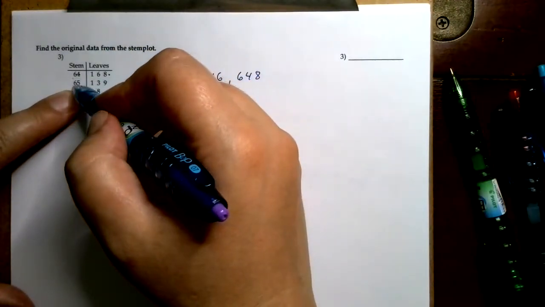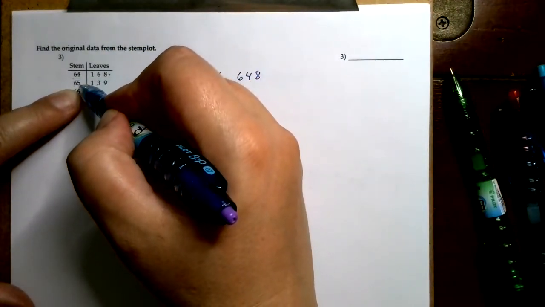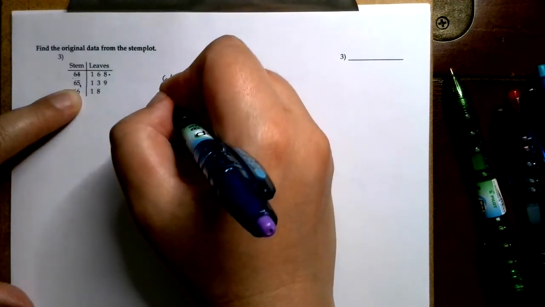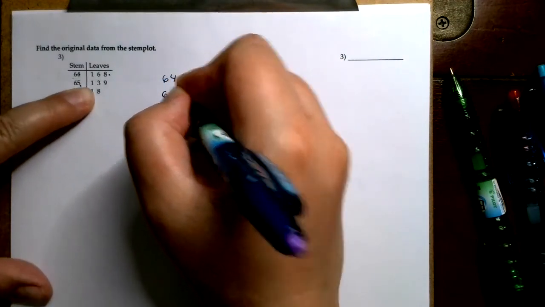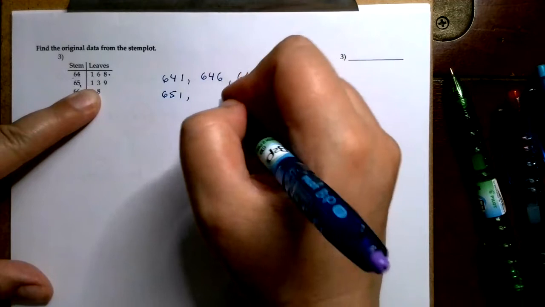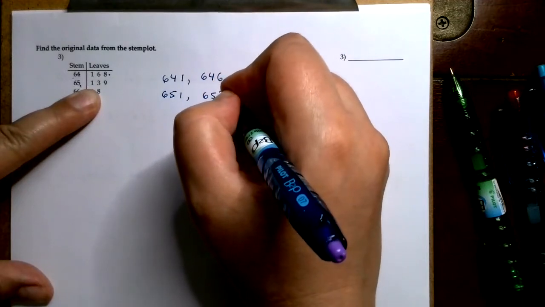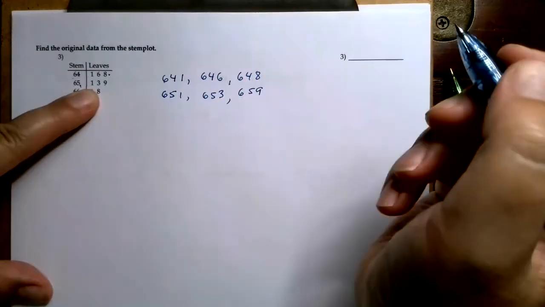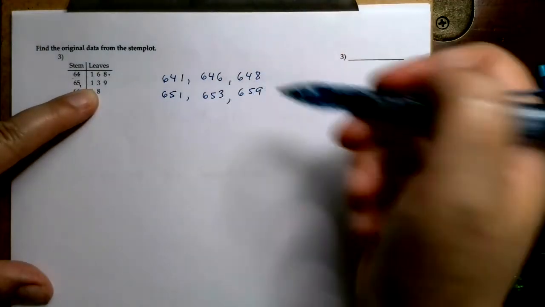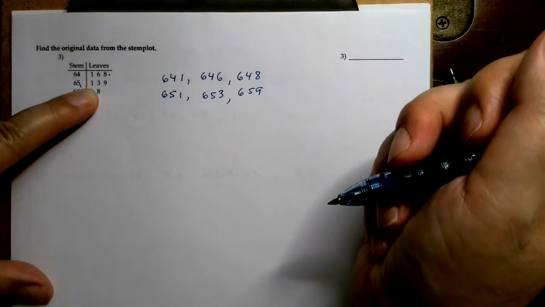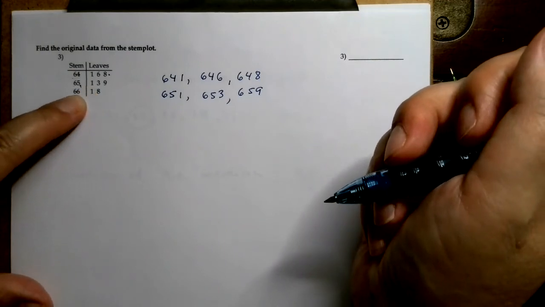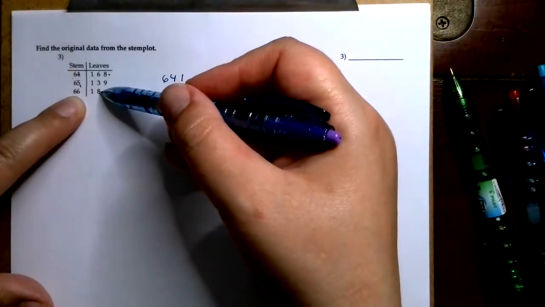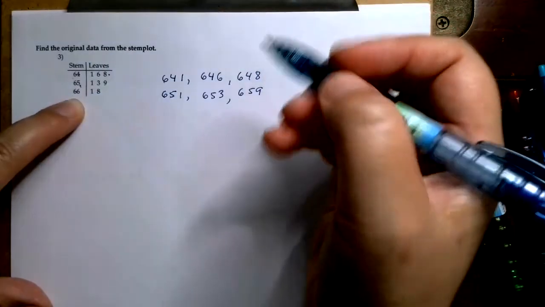Then on to the values that start with 65. So I have 651, 653, and 659. So those are the 3 values that start with 65, and then I have 2 values that start with 66.